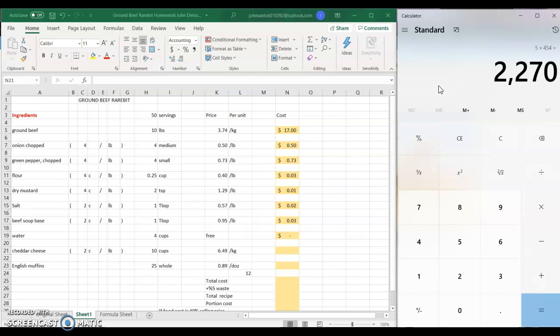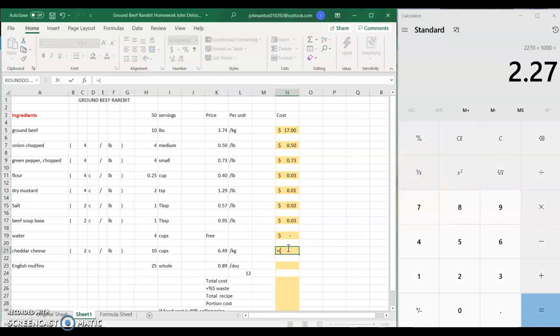And for us to convert it into kilos, we have to divide 2,270 by 1,000 grams, which is equal to 1 kilo. So divided by 1,000, 2.27. So to make it simple, make your formula, open parenthesis, 2.27, close parenthesis, multiply it by the price, and that will give you 14.73.